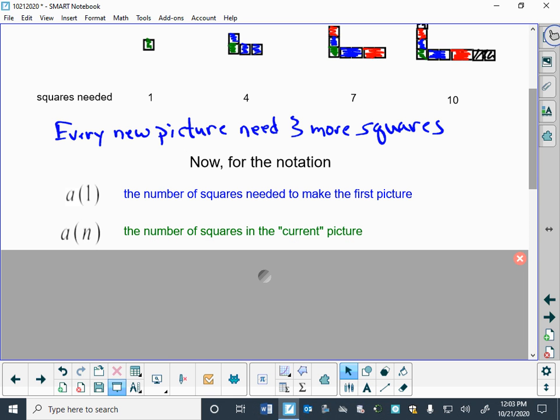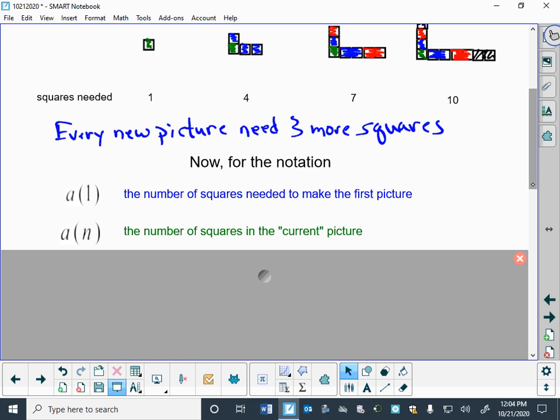Okay. A of n is what we're going to use to represent the number of squares in the current picture. Whatever picture we have right now, whatever picture we happen to be looking at, we're going to refer to that as A of n.